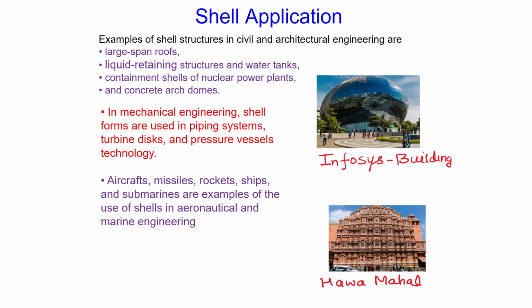If you see, this is the dome shape roof of a famous building, Infosys Pune, and then the famous Hawa Mahal in Jaipur. But why this? You can just look into their windows and doors.